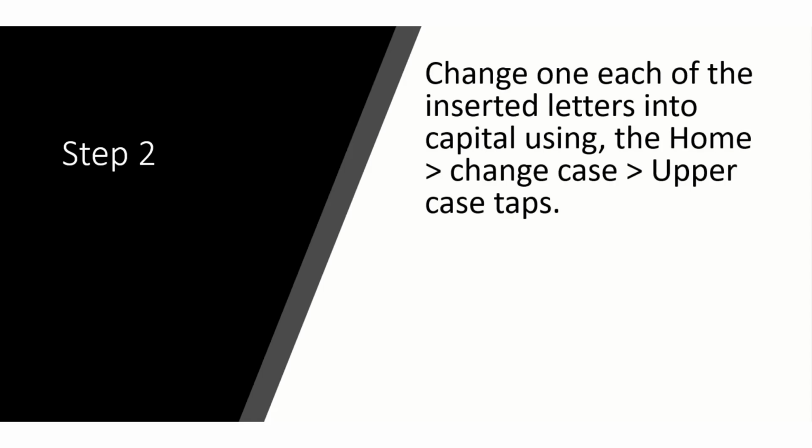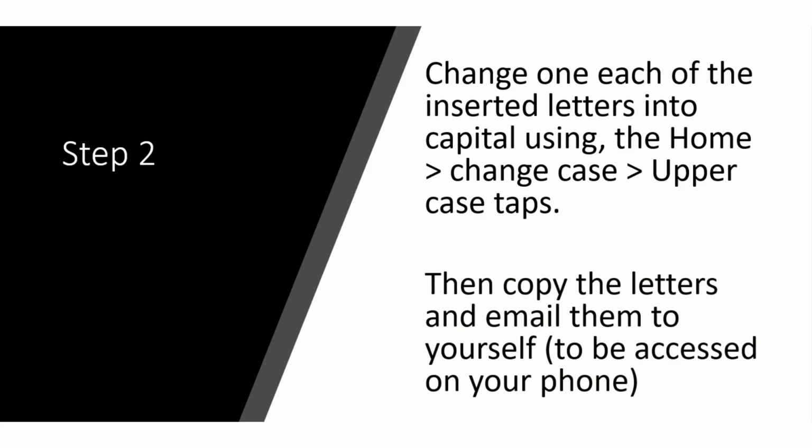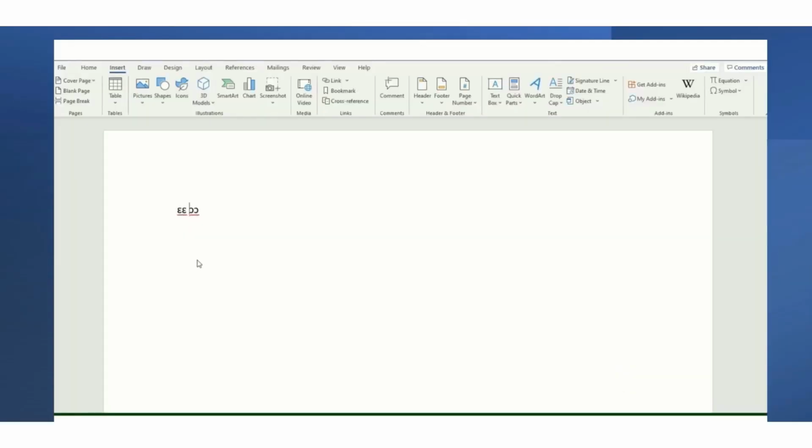So that's step two. I change the case by going to change case, uppercase. And then after that, I copy and email it to myself as you saw from the beginning. So now let me show you how.